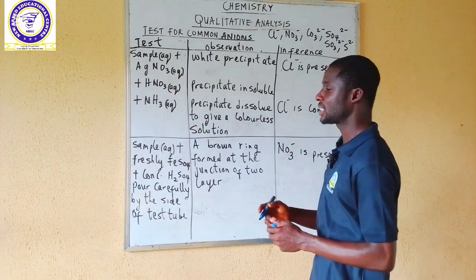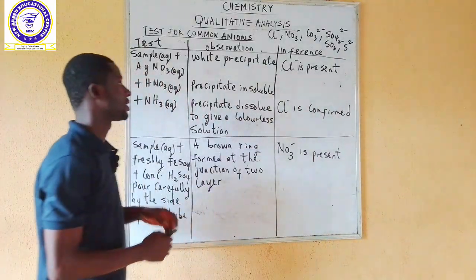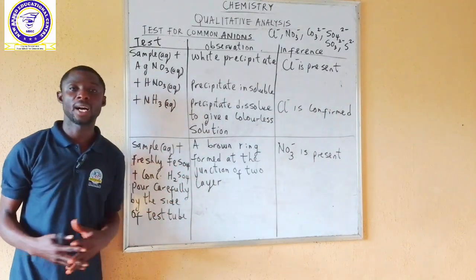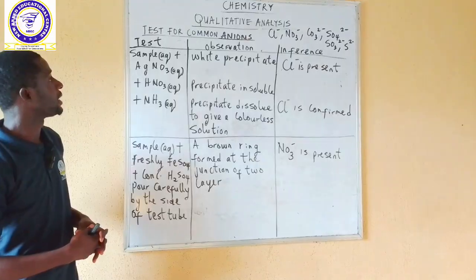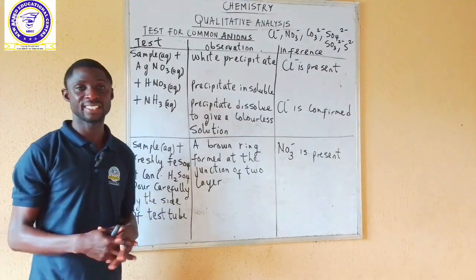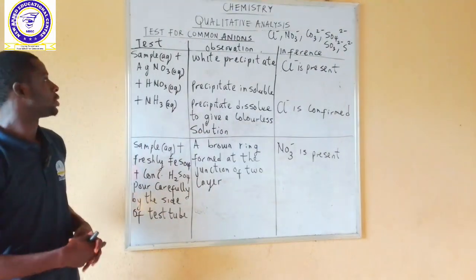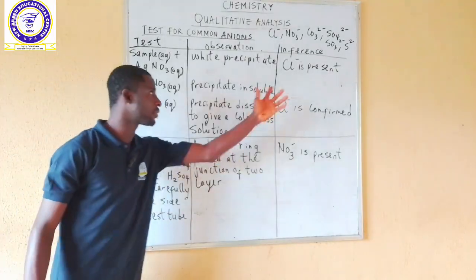These are the common anions that students are asked to detect inside the examination hall. So first thing, let's look at how to test for Cl minus.